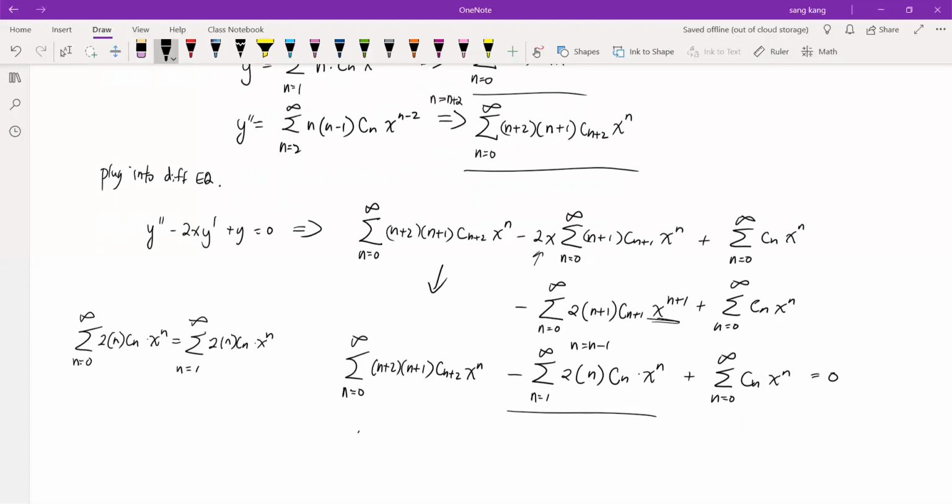If we look at this left-hand side, if we start from n equals 0, the first term is going to be 0. The second term is going to be 2 times c1 times x to the 1 power, plus 4 times c2 times x to the 2, plus dot, dot, dot. The right-hand side, if we start from 1, we're just skipping this 0, right? So these are, in fact, two equivalent expressions.